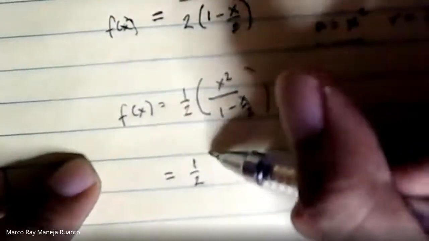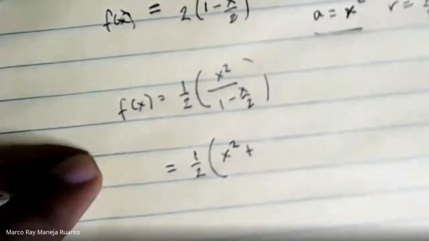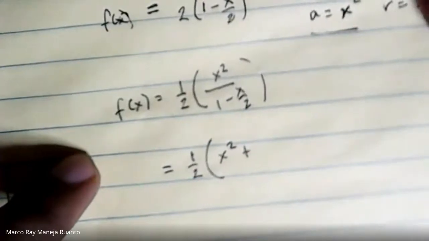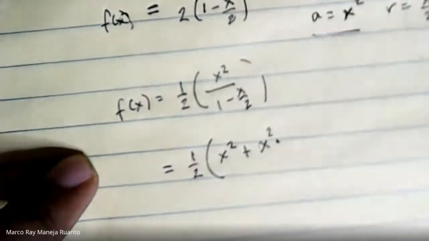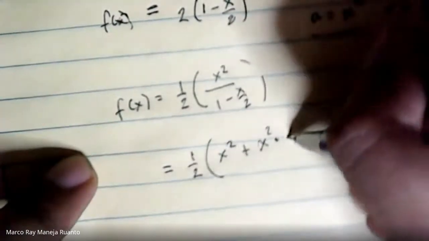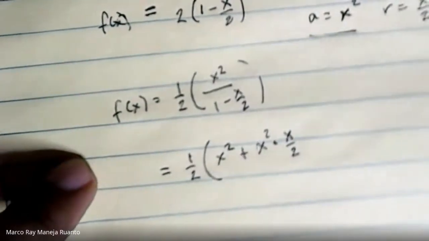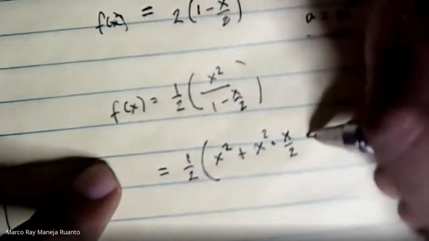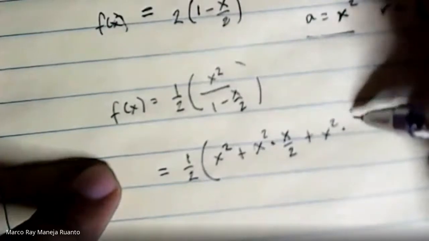Okay? And when we are going to expand this would be equal to 1 half times, okay, a sub 1 is x squared. So x squared plus, a sub 1 is x squared again, x squared times x over 2, plus x squared times R squared.